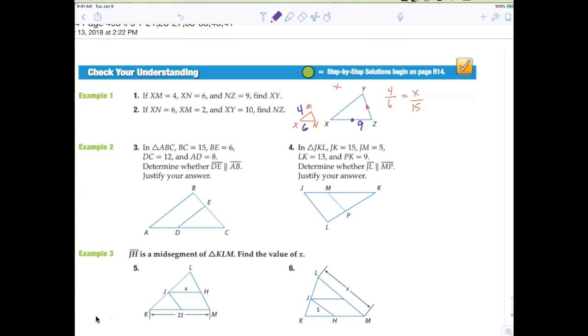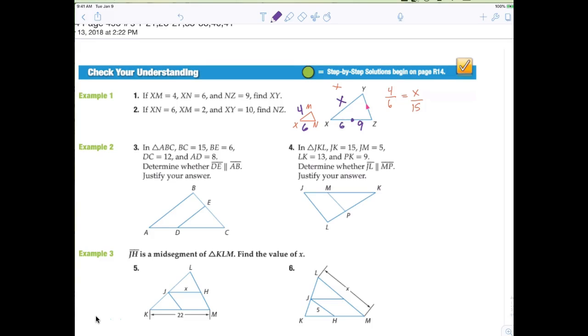But this part right here was 6. So that whole length is what? Now do you see it? I see how you got it, but I'm confused with the proportion. So it's 4/6 because XY is what we don't know, and that's X. And then okay, I see.